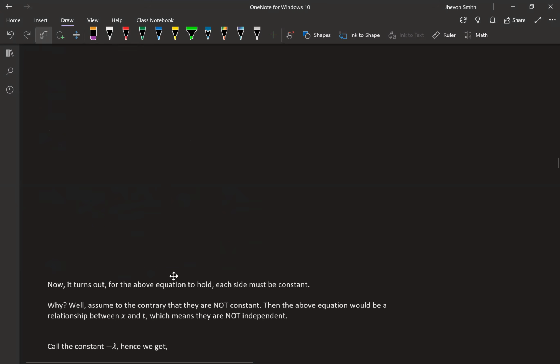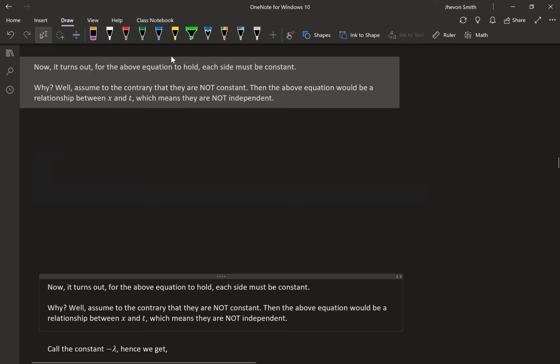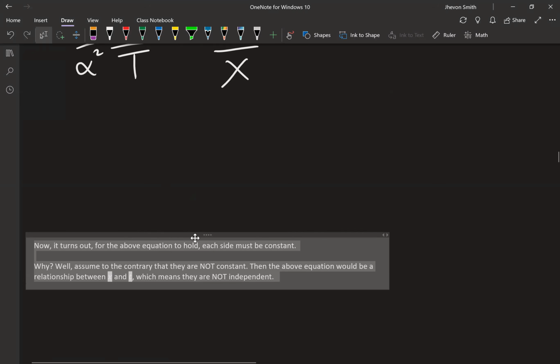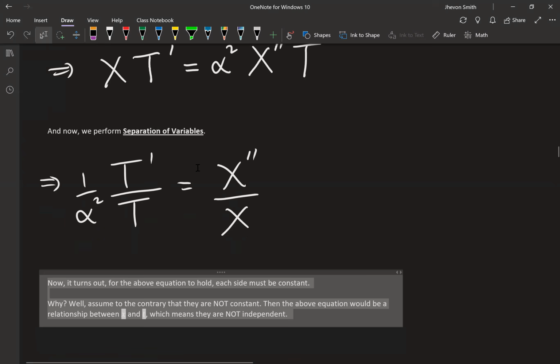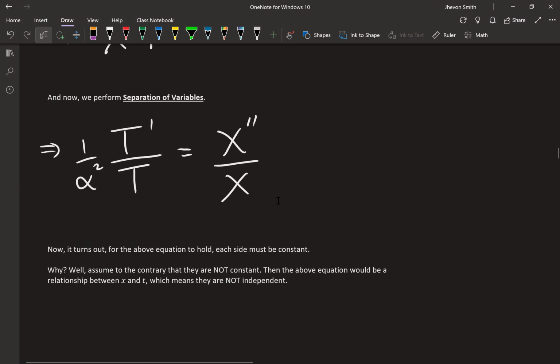All right, now here is another very important thing, which initially you probably would never have guessed, but hopefully in hindsight it would make sense. The only way for the above equation to hold is that each side is a constant, right? It must be the case that these must be equal to a constant.